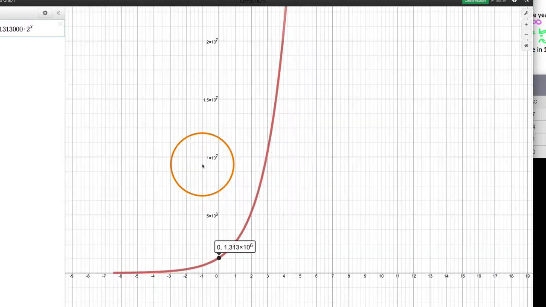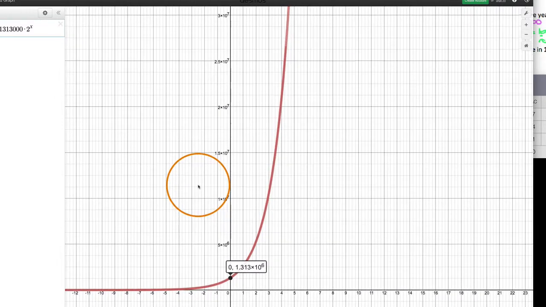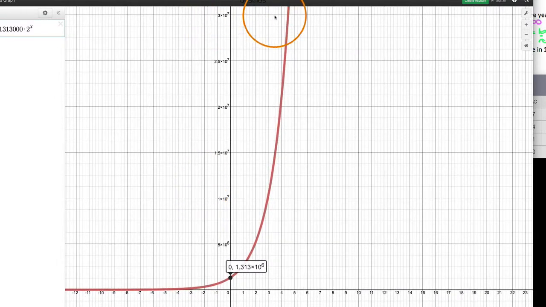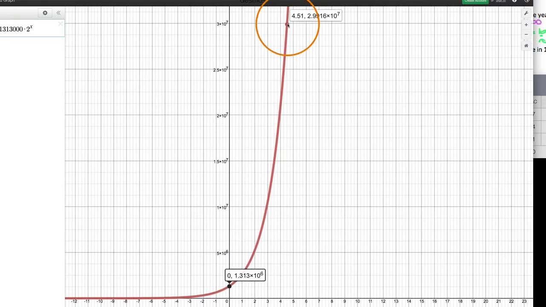I've got to help you guys out here a little bit. We say 30 million hosts would be right here, this 3 times 10 to the 7th. I'm going to move this down a little bit, but roughly 30 million hosts would be about right there, okay. And so we'd say we had 30 million hosts in about 4.51 years after we started.